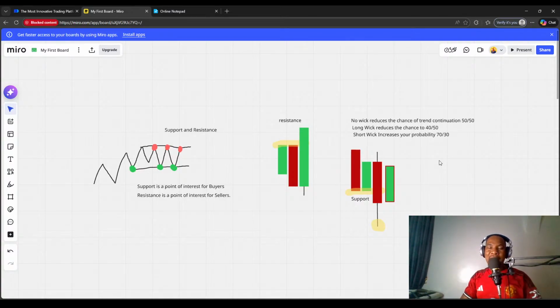Just learn how to identify support and resistance at the candlestick level and on the chart level, and know when price breaks support and when price breaks resistance. So that's how to trade. And like I said from the beginning, if you are watching this video later, you're going to thank me for giving you this valuable information.